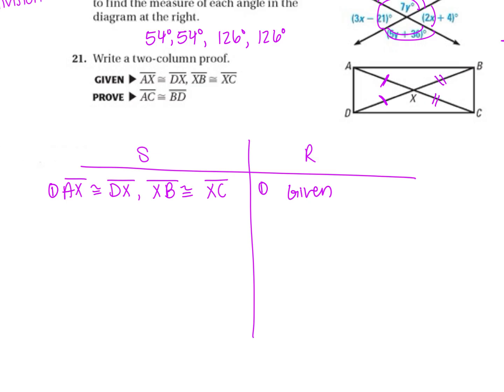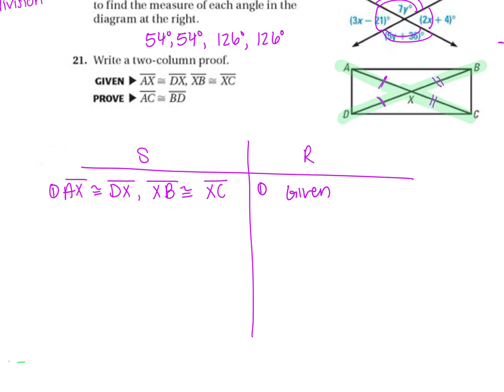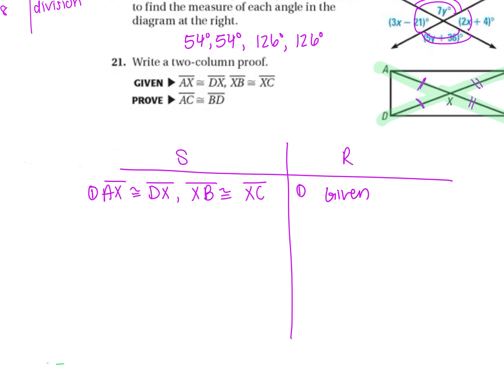Now I need to prove that AC is congruent to DB. Looking at it, I'm going to use the segment addition postulate. So step 2, I can say XB plus AX equals AC.